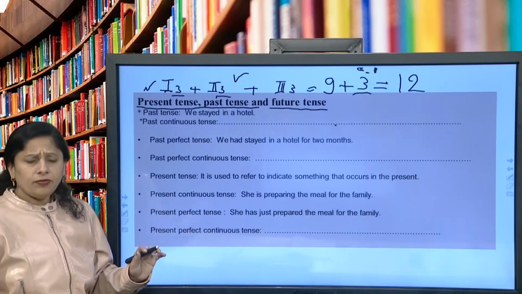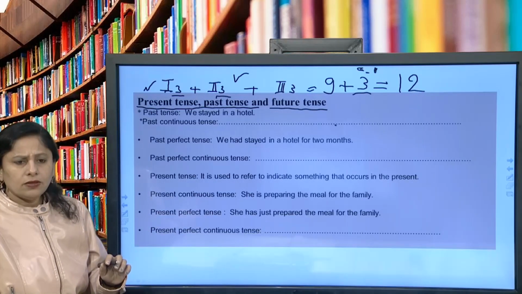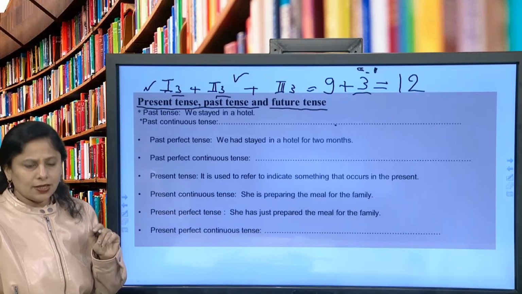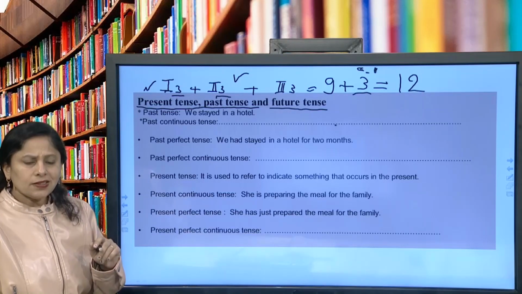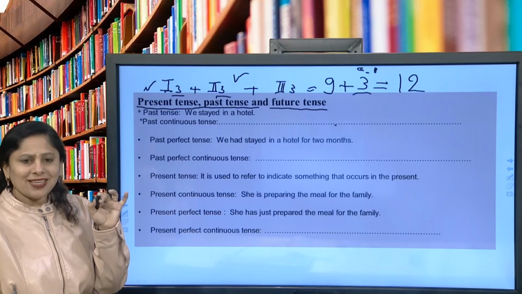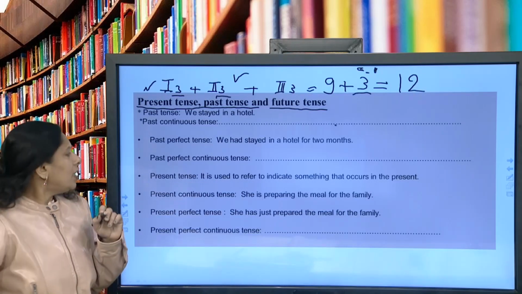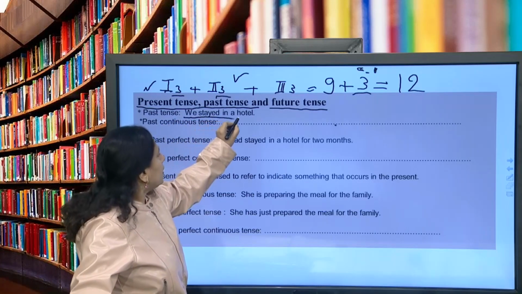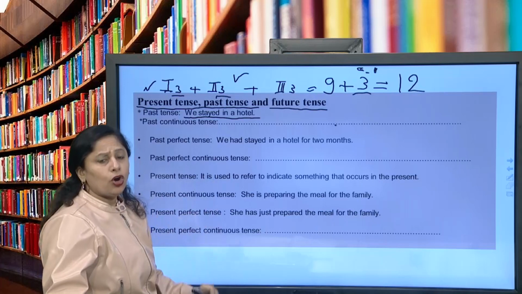Now let's go on to understanding the sentences. The very easy thing that comes to anyone in the world is the past tense. Past tense is known to be the easiest tense of all, because it talks about things which are already done. For example, there is a sentence, we stayed in a hotel.